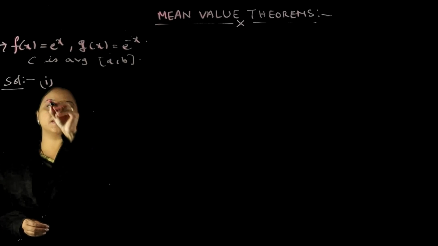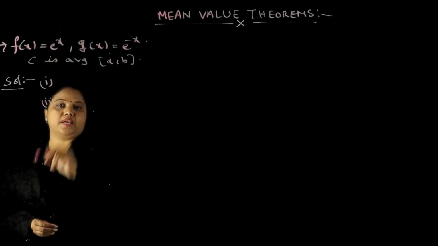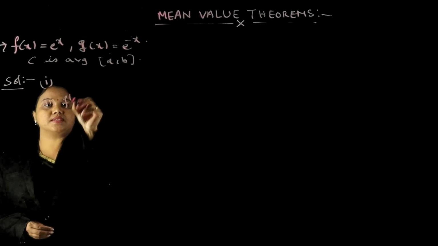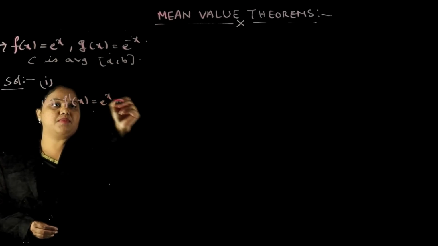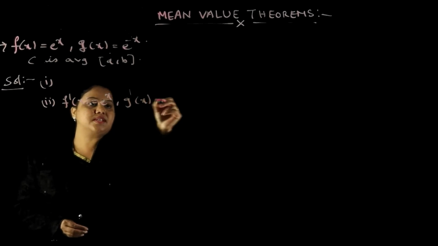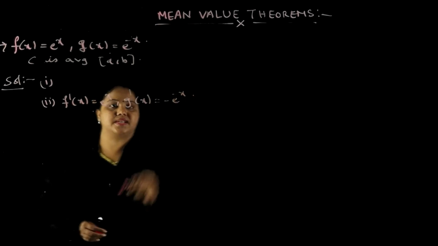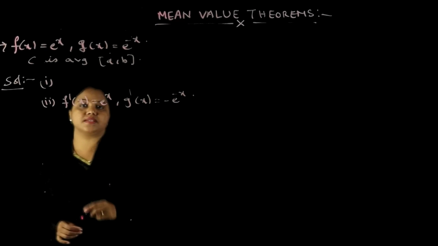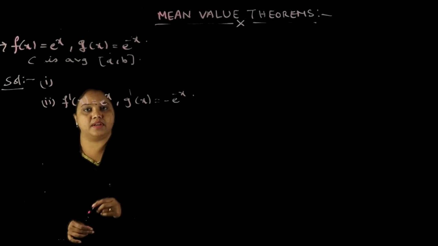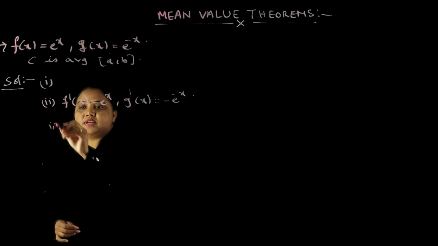Now, let us come to the second part, which is derivable. So, derivability reads that f dash of x is equal to e power x and g dash of x is equal to minus e power minus x. So, we say that f of x is derivable in the closed interval a comma b. Now, let us check for the third condition.